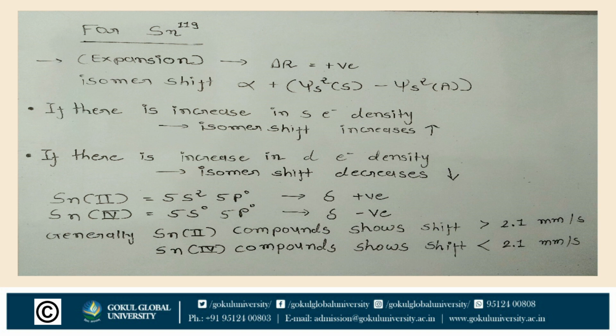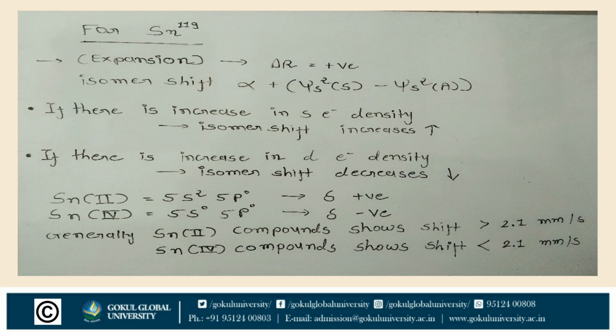Now we can see the case of the tin 119 nucleus. In this case, when the nucleus undergoes the transition, it undergoes expansion. It means the radius of the excited nucleus will be larger as compared to the nucleus in the ground state. So the difference in the radii, delta R, is positive in this case.